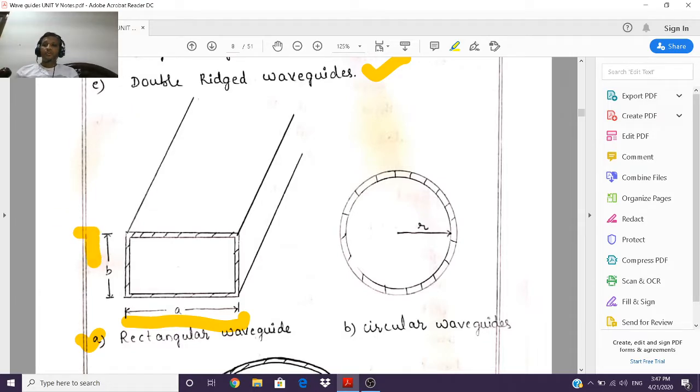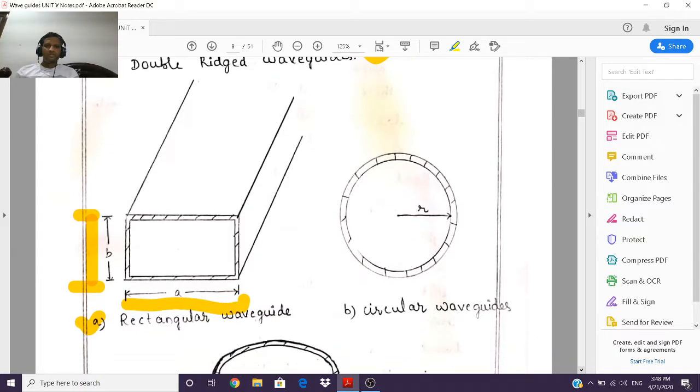And this we are calling the breadth of the waveguide. Generally, A will be greater than B most of the times, and sometimes some people can even design B greater than A. That shape will be slightly modified here, but in 99% of the cases A will be greater than B. A is width here and B is breadth there. So we'll be mostly talking about this particular rectangular waveguide.